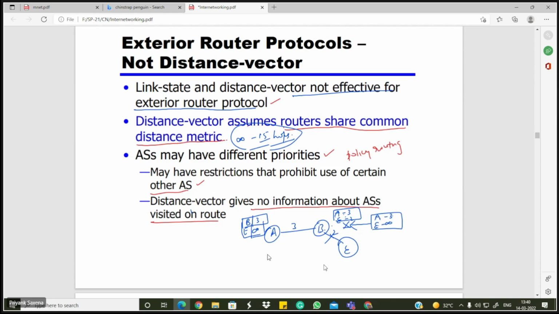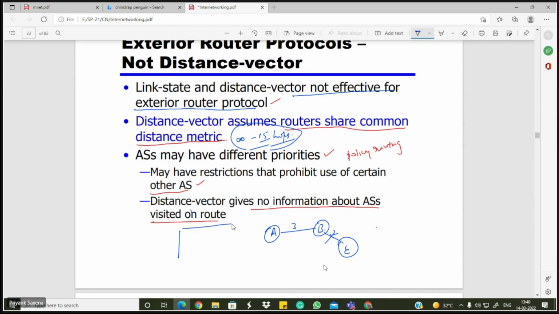And there is another thing in this, that is the next node information. Let me just draw it properly. In the distance vector route, there are three things: the node that it can reach, what the cost is, and what the next node is. For B, the next node is B. For E, it doesn't know which node it should follow.